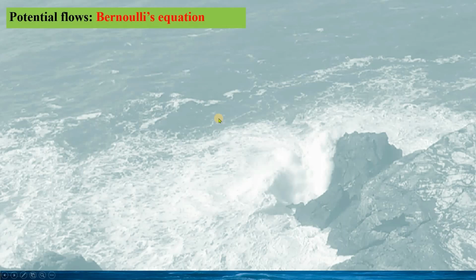Up to now, by solving the Laplace equation with the relevant boundary conditions, we can calculate the flow velocity in the flow field. It seems we haven't used the Navier-Stokes equation or Euler equation in the irrotational flow yet.